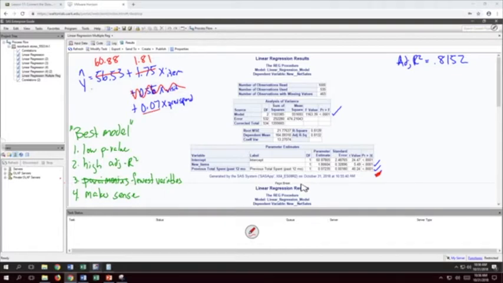So that stays the same. What's happened to our adjusted R squared? Hasn't changed much at all. So if I didn't have to keep track of their previous spend, that's nice. Or sorry, their previous number of visits. It doesn't really change. Now I have only 2 variables instead of 3.